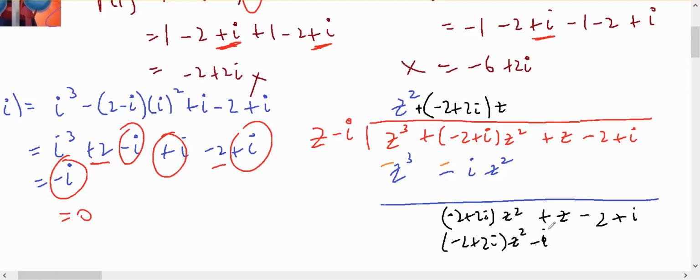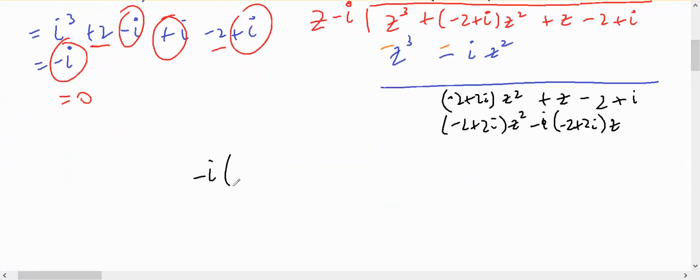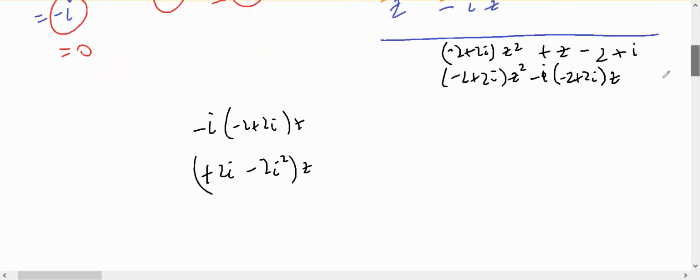So minus i times minus 2 plus 2i z. That's going to be plus 2i, and minus 2i squared z's, which is 2i plus 2 z. So that's the same as plus 2i plus 2z.